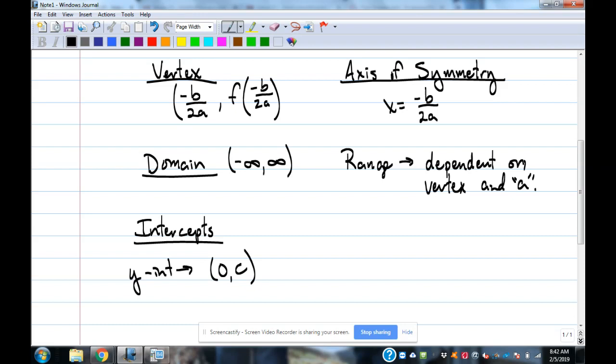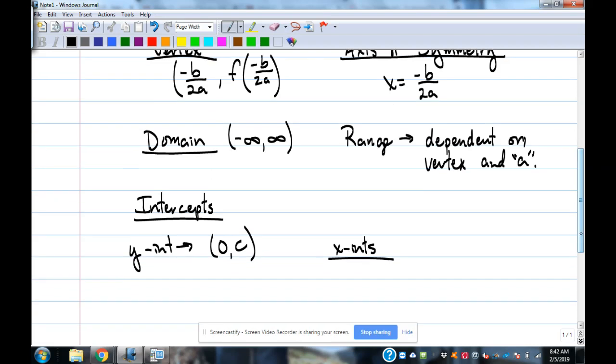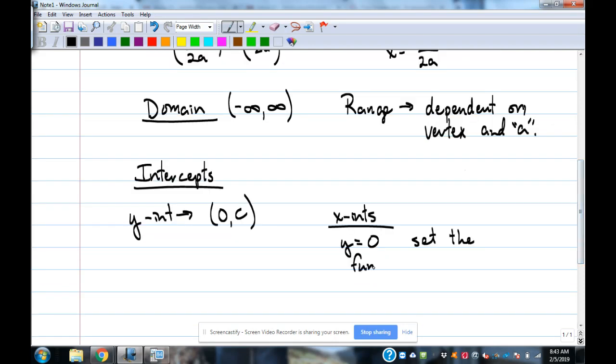X-intercepts. How do we find x-intercepts? What are our options? Plug in what for y? Yes, y is equal to 0. So we set the function equal to 0.